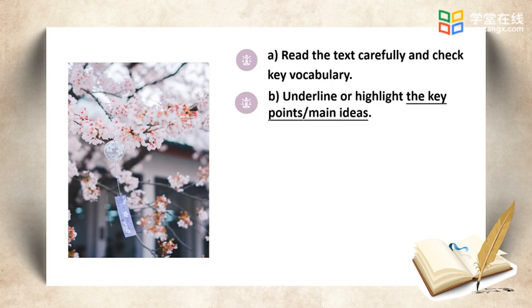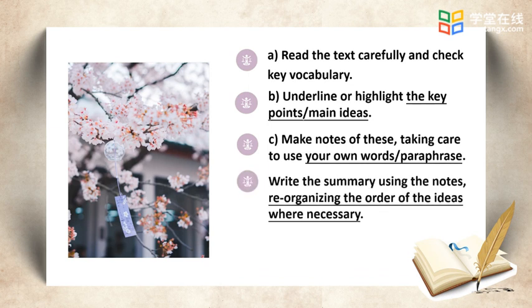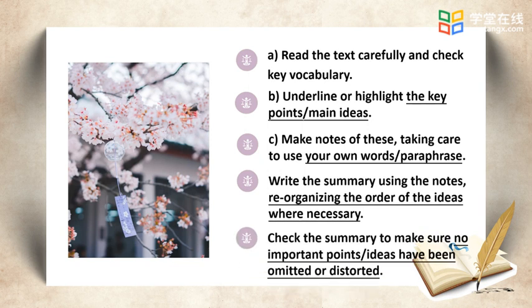B. Underline or highlight the key points, main ideas. C. Make notes of these, taking care to use your own words, paraphrase. D. Write the summary using the notes, reorganizing the order of the ideas where necessary. E. Check the summary to make sure no important points, ideas have been omitted or distorted.